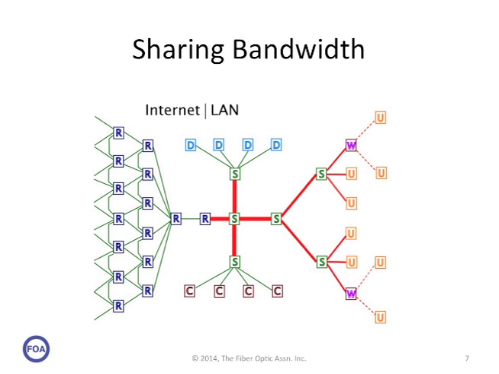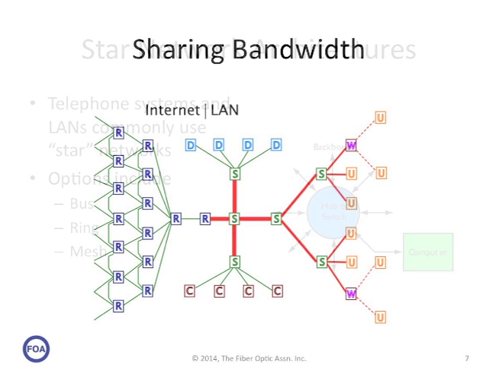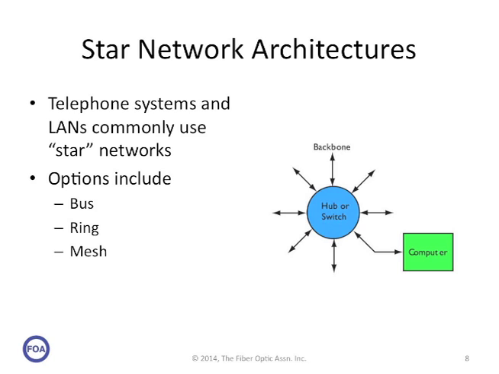Here we're showing the tree and branch structure, but we want to look at other ways that networks have been configured in the past and are to some extent still being used today. We talk most about star networks because they're the most common.